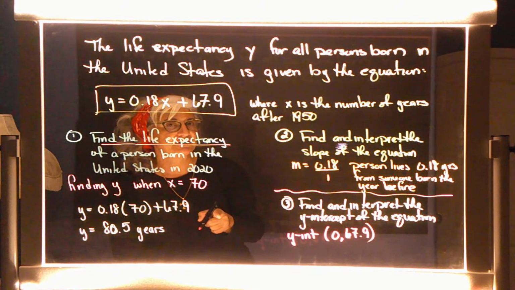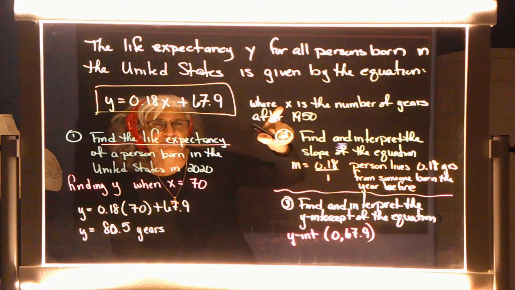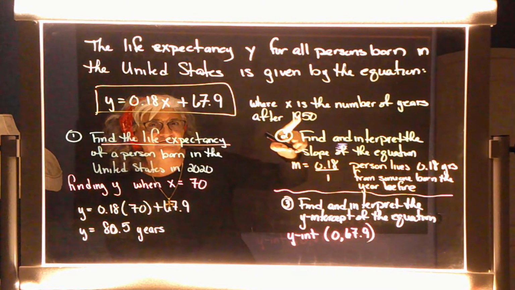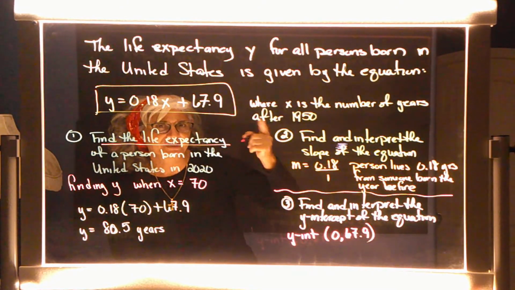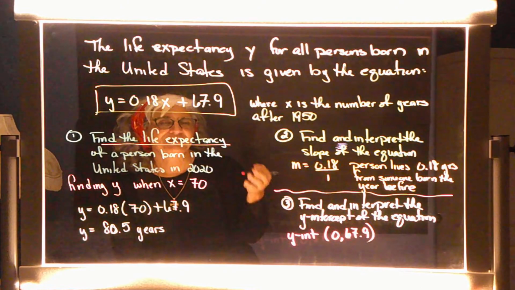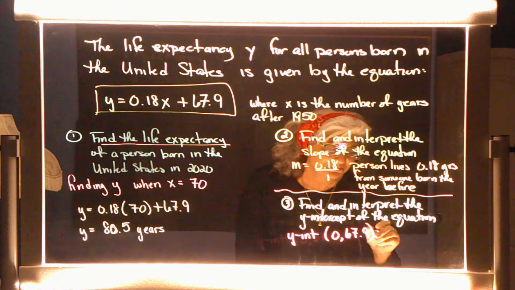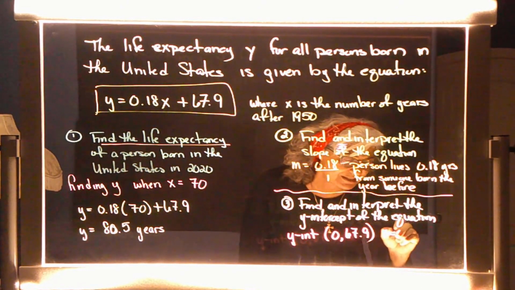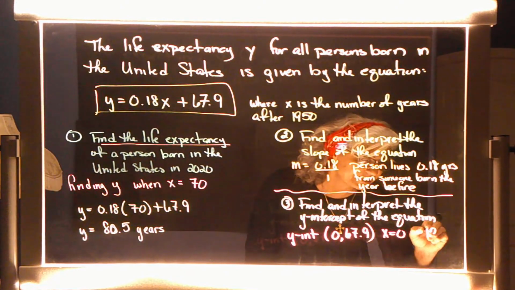Okay, so now think about this. If x is 0, x was the number of years after 1950. So if x is 0, that means we're in what year? 1950. So x equaling 0 implies we're in 1950.